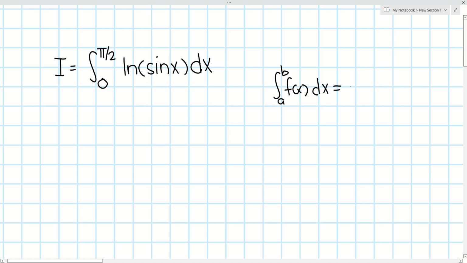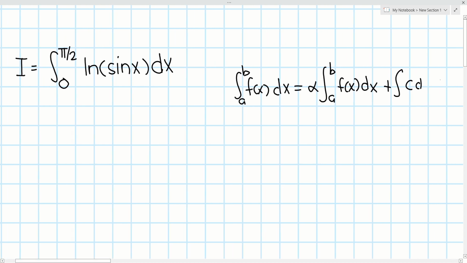But via manipulation, you get an expression like alpha times the integral from a to b of f of x dx, plus a constant, say a constant c, integrated dx from a to b.